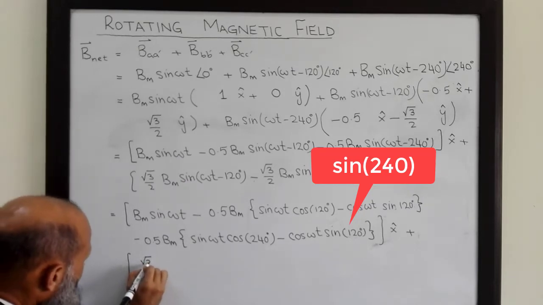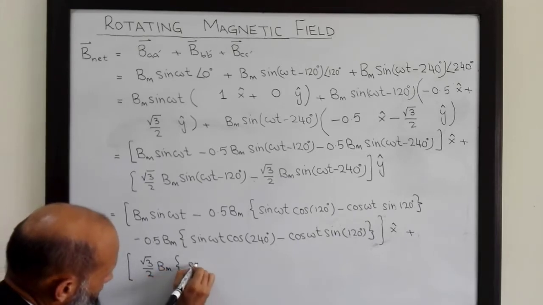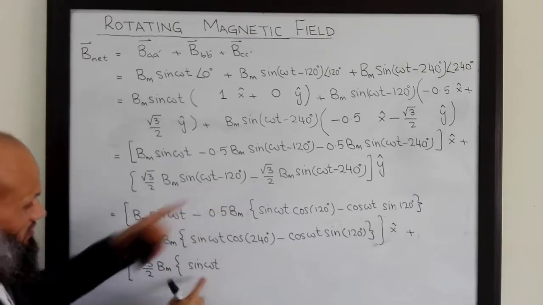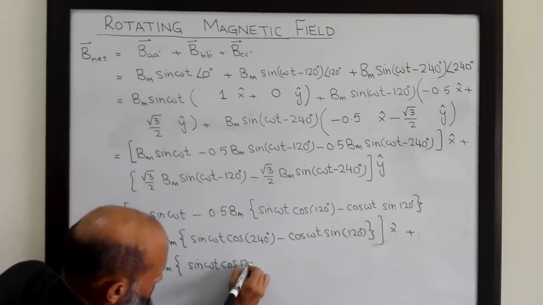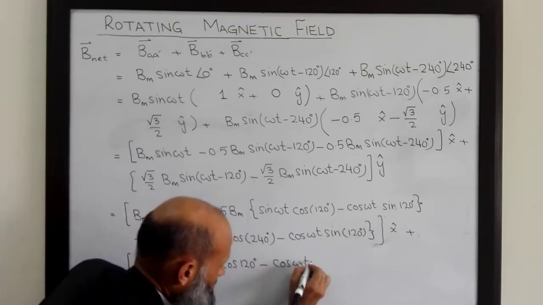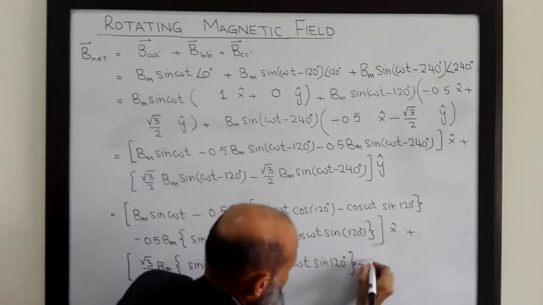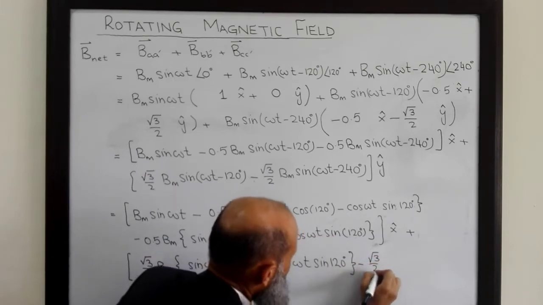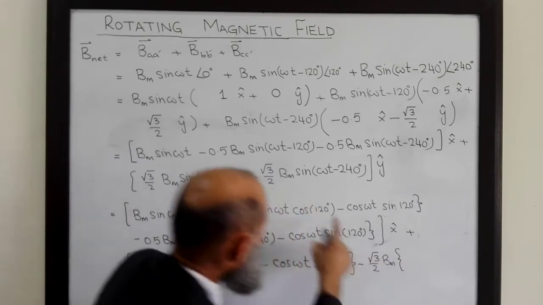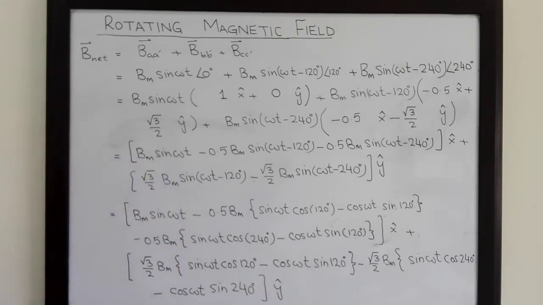So square root of 3 by 2 Vm sine omega t, we are expanding this term, sine omega t into cosine of 120 degrees minus cosine omega t into sine of 120 degrees minus square root of 3 by 2 Vm, and expand this expression, and that is the vertical component of the resultant vector.